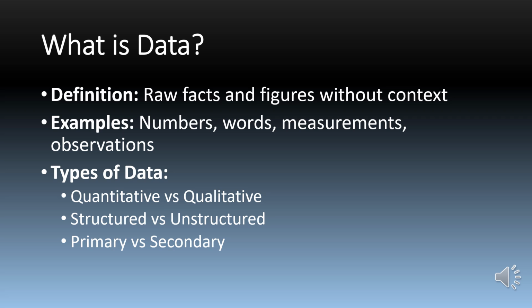Structured data, organized in tables or databases, and unstructured data like videos or open text. We have primary data, which we collect ourselves, or secondary data. It's data that somebody else has already collected. Understanding these types helps us choose the right tools and analysis methods.